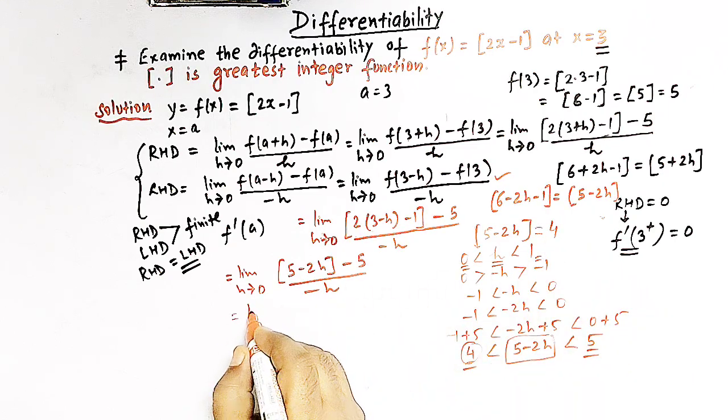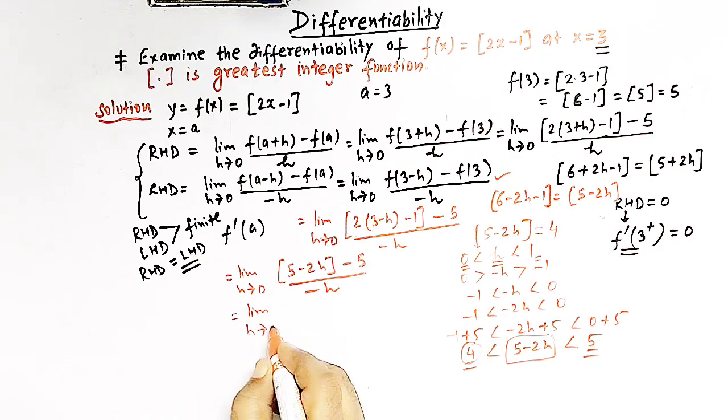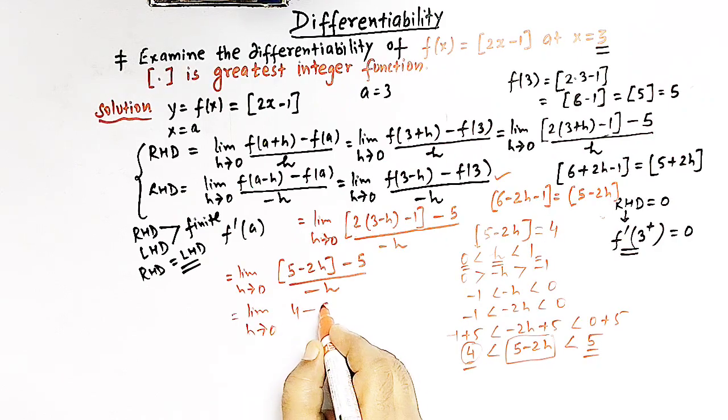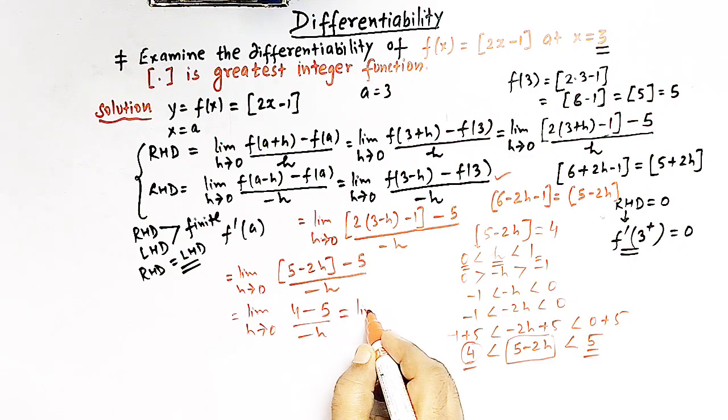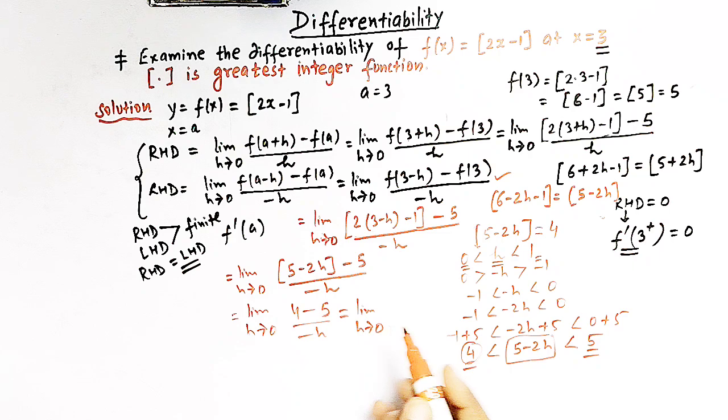So we have now limit h tends to 0, and 4 minus 5 divided by minus h, and this is limit h tends to 0, and 4 minus 5 is minus 1, and here we have minus h. So minus and minus get cancelled, so we have limit h tends to 0, 1 over h.